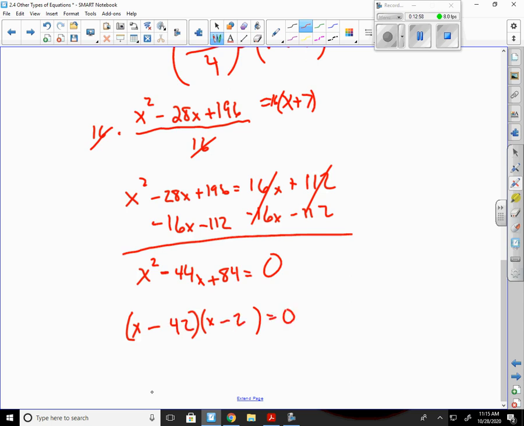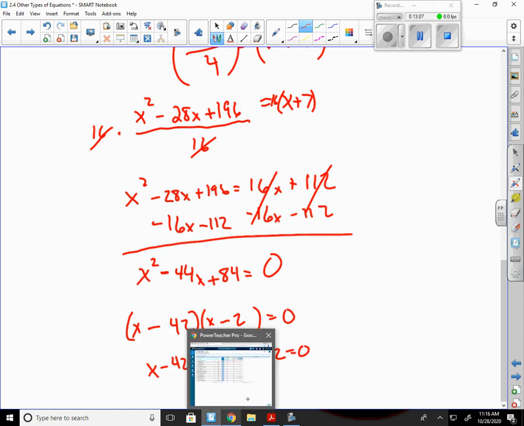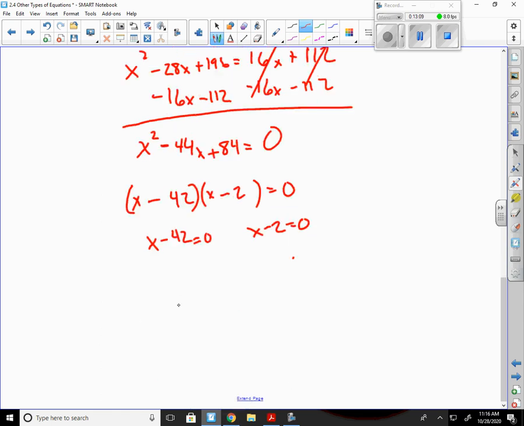So those are my right answers. Set those both equal to 0. So x equals 42 and x equals 2.